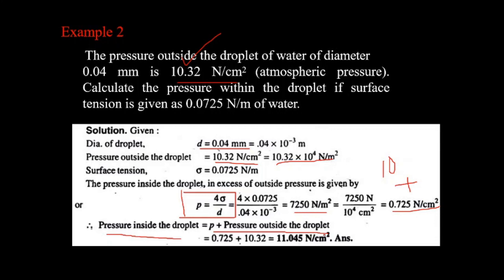So thinking about the question is very important. Whenever they give outside pressure or atmospheric pressure, we have to add that atmospheric pressure to the pressure inside the droplet which we got here.